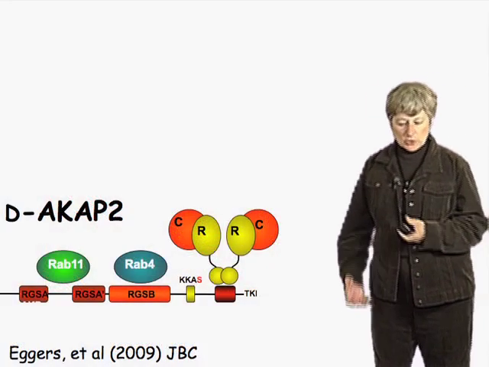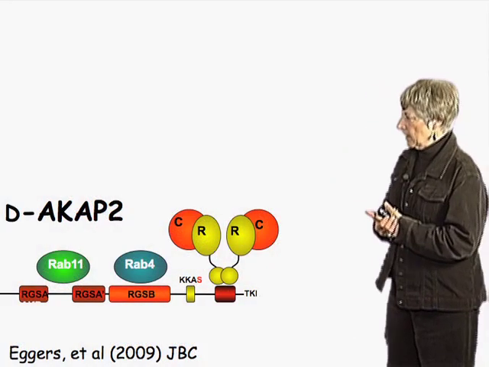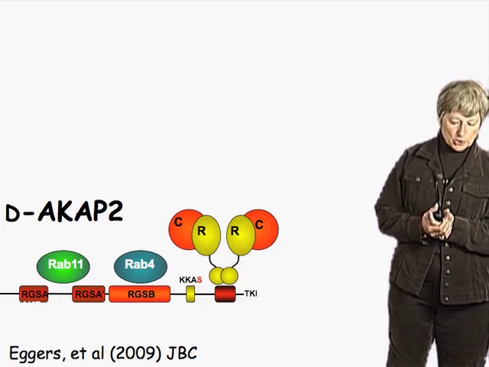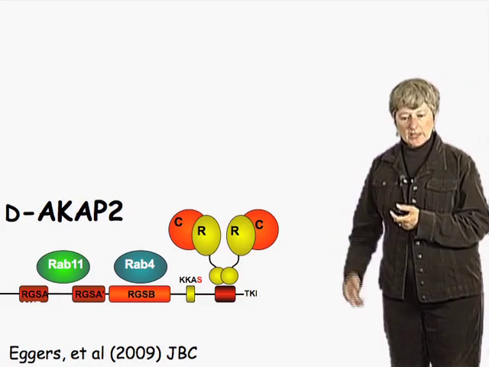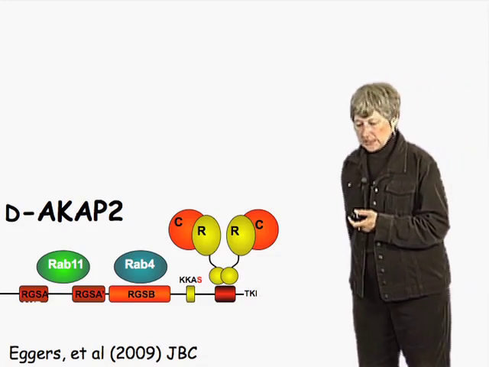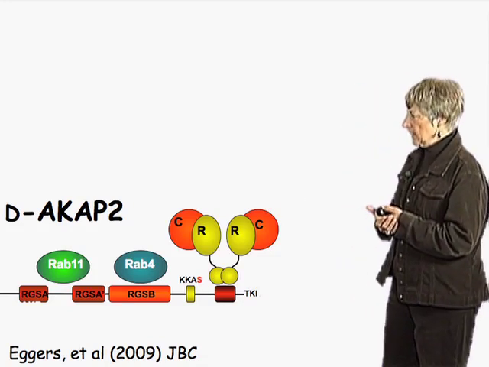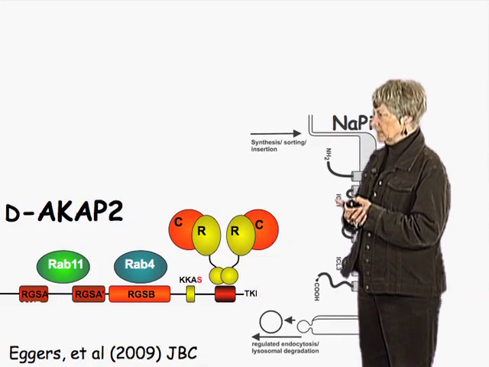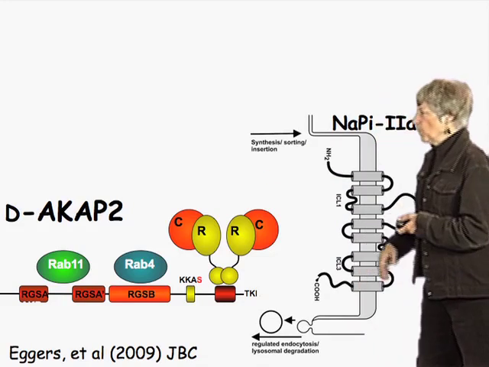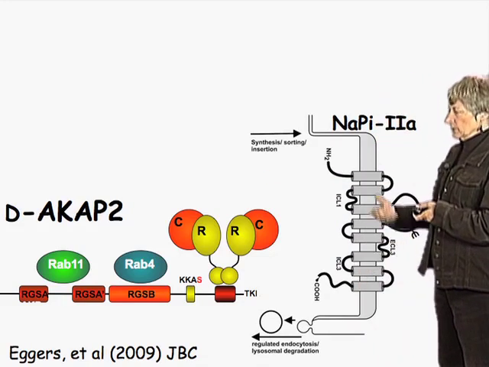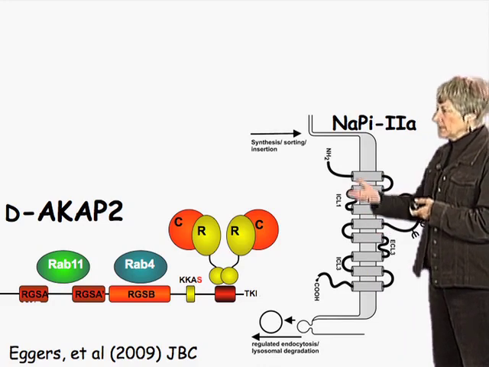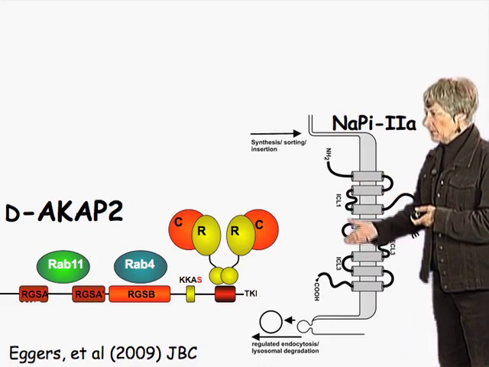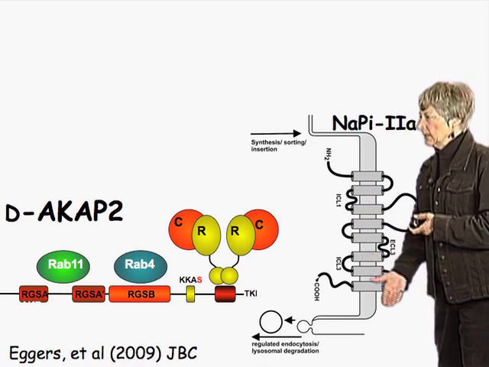Okay, DAKAP2 is another one that we've looked at, and DAKAP2 binds both to R1 and R2, and it regulates ion transporters. This is another big function of these AKAPs, to regulate ion transporters. The ion transporter first shown to be regulated is the sodium phosphate transporter, and this is regulated not by phosphorylation, but by internalization.